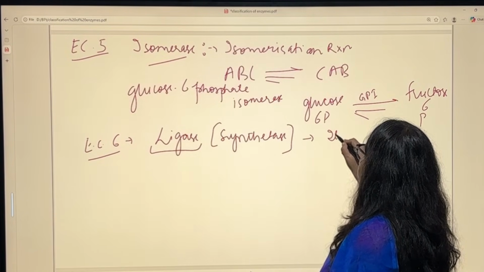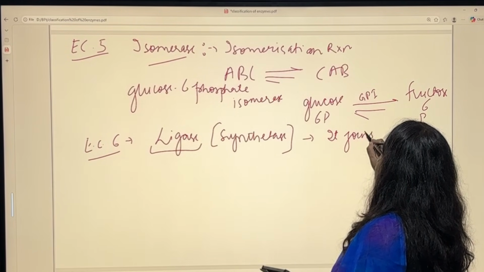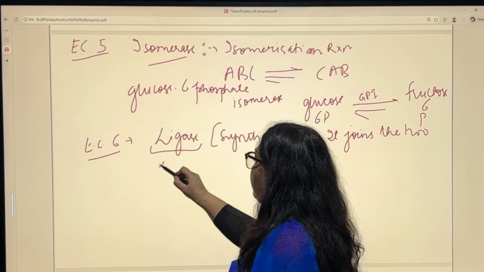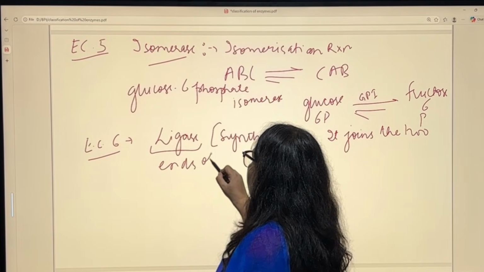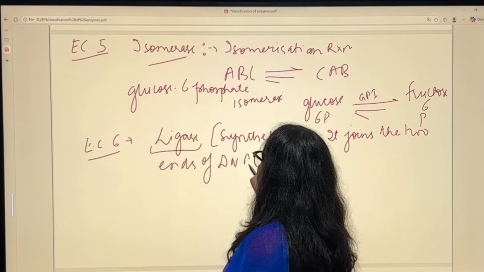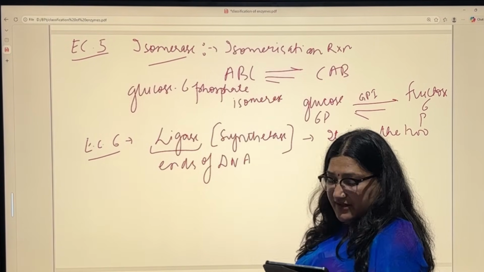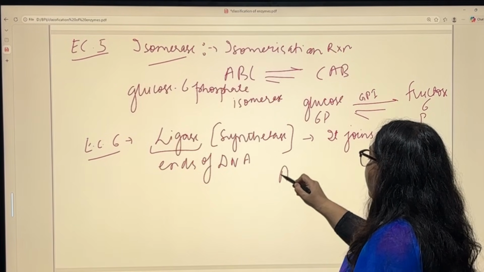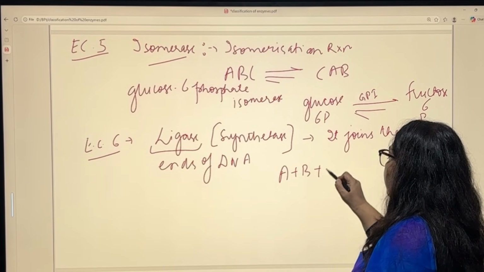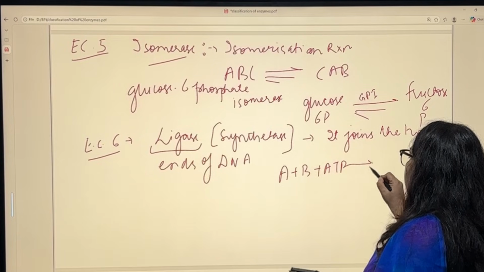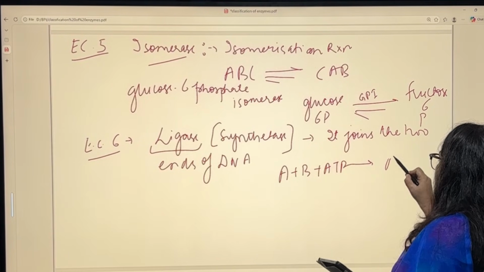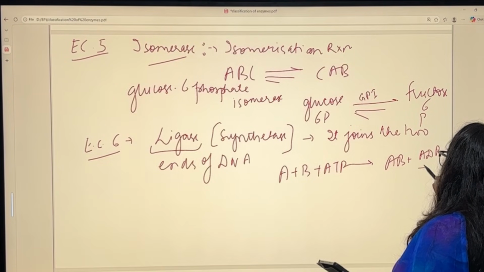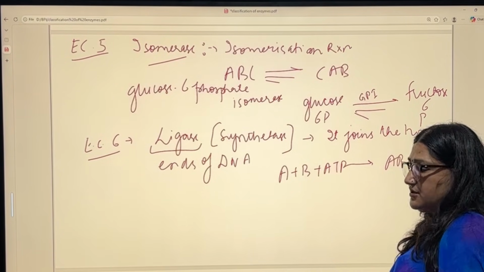It joins the two ends of DNA, and with the help of ATP, energy is required. Say these are two ends, A plus B, ATP is required. Then AB plus ADP plus one inorganic phosphate.